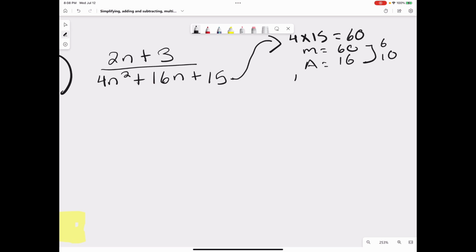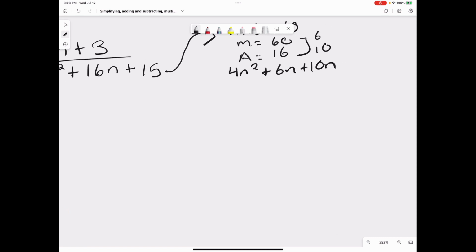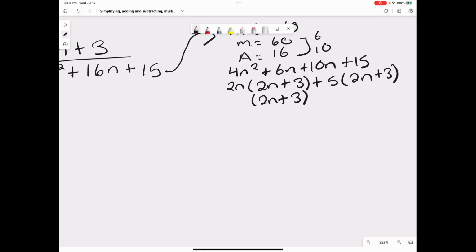So we'll rewrite the expression as 4n squared plus 6n plus 10n plus 15. Then we will factor these out. And our final answer for this part would be 2n plus 3 and then 2n plus 5.